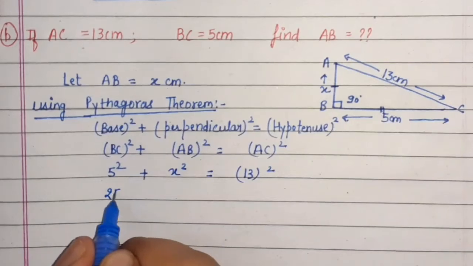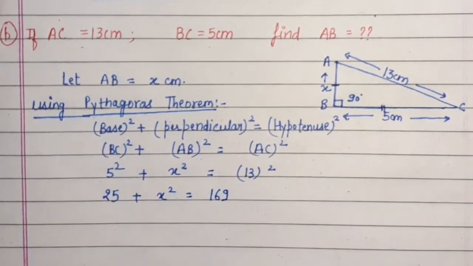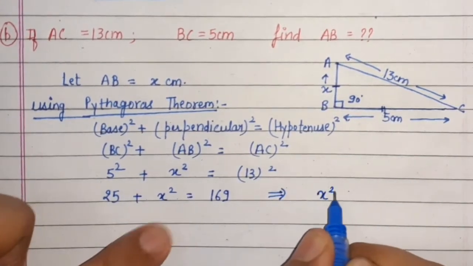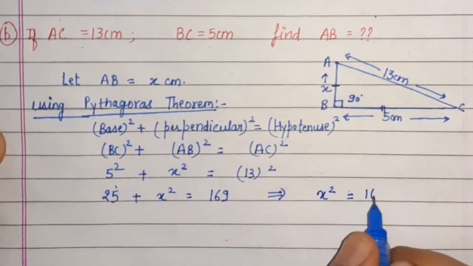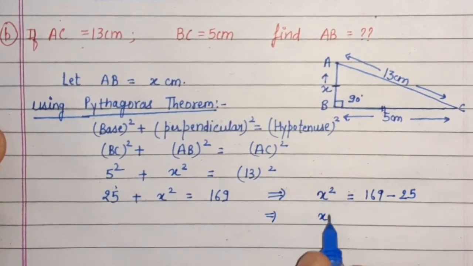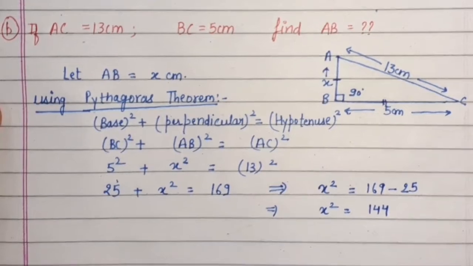Now 25 plus X square is equals to 13 into 13, 169. So you can write like this. Look, X square as it is, transpose this 25, 169 minus 25. So X square equals to, if you subtract it, you will get 144.